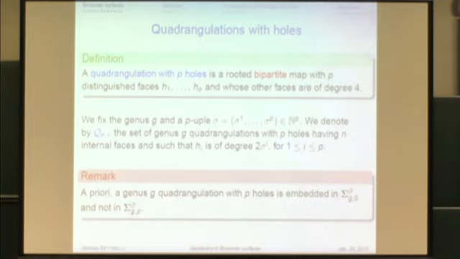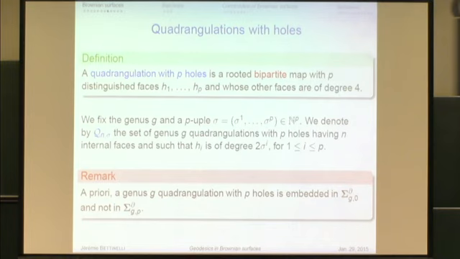And in red, I added a little extra condition. I want my maps to be bipartite, which means that you can color all the vertices in black and white in such a way that no edge links two vertices of the same color. So that's a technical issue, and you will see why it appears.